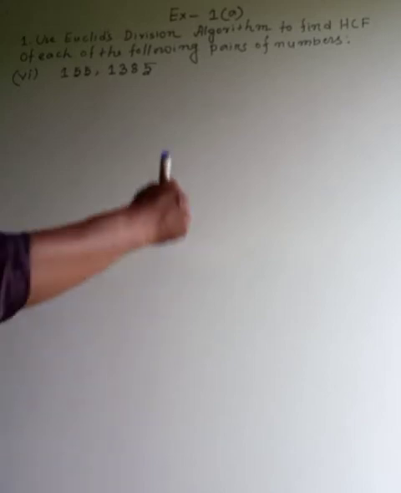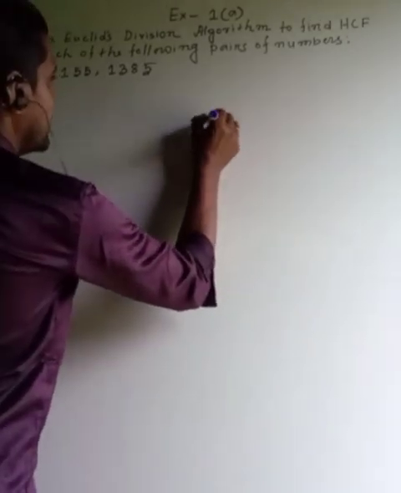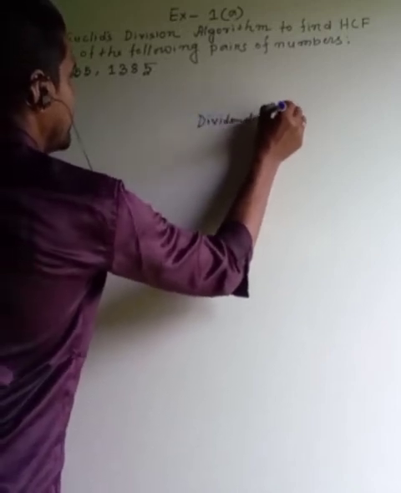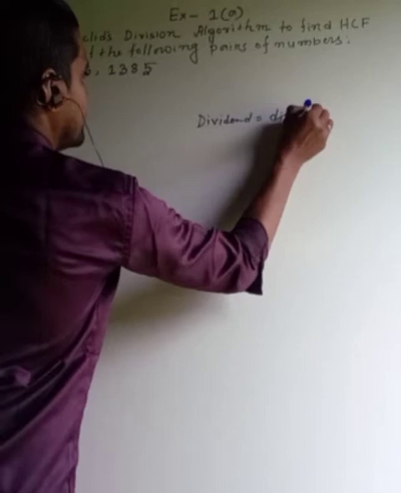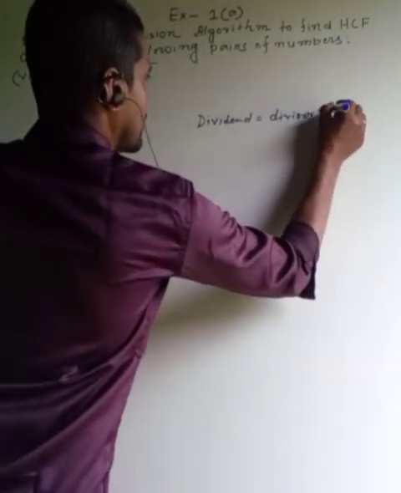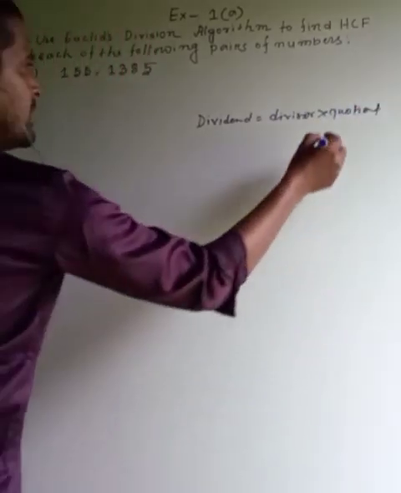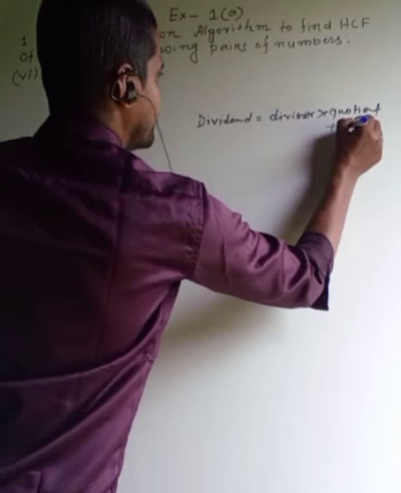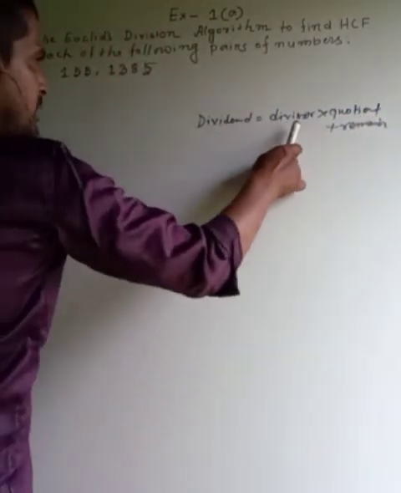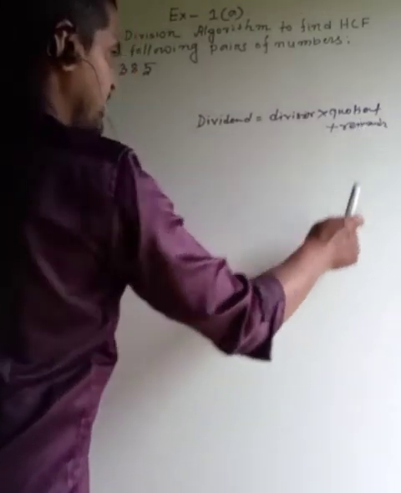The formula is: dividend equals divisor into quotient plus remainder. Dividend equal to divisor into quotient plus remainder.